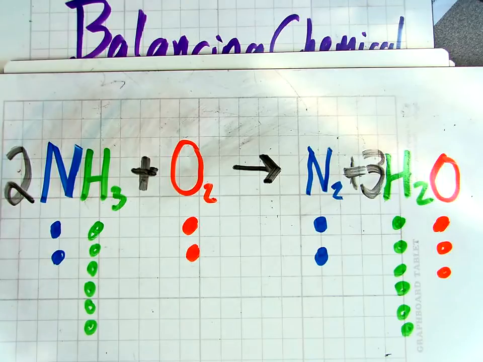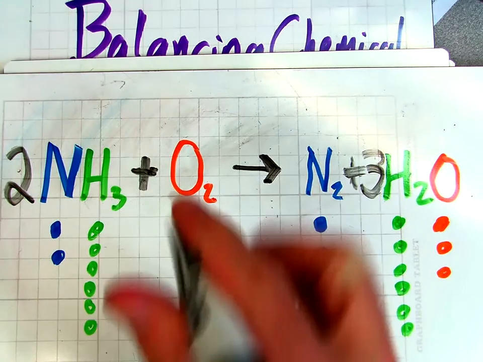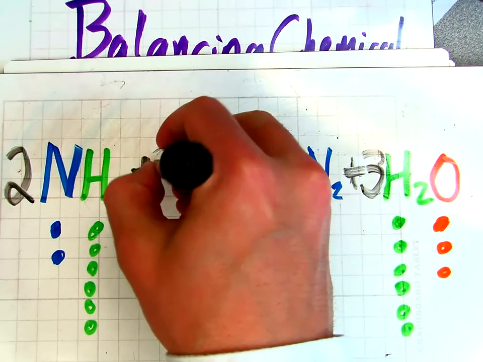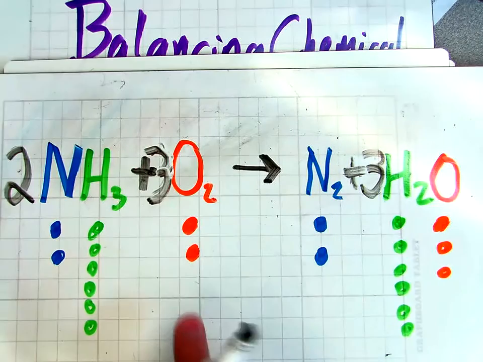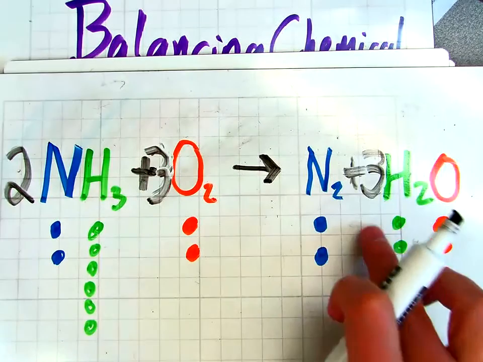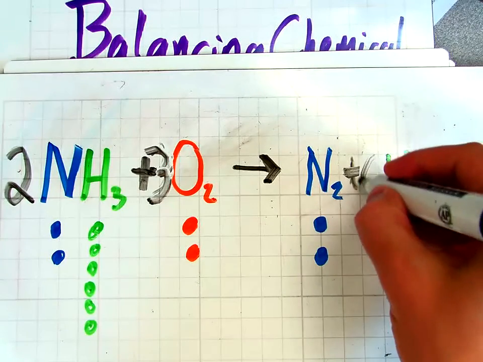So, here's what I'm going to do. I'm going to multiply my oxygen. Since I need 3 here, it would be best to multiply this by 3. So I can get 6. And then I'm going to multiply this coefficient here by 2. So I get 6 here.